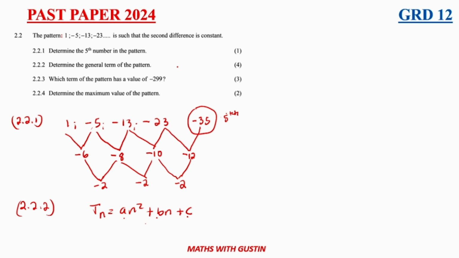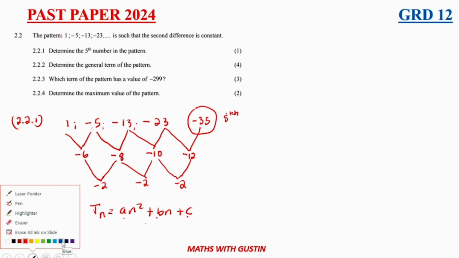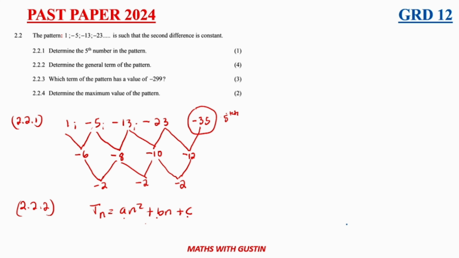I'm going to need a different color here. This is how I normally do it with my learners. Let me change the color so that you guys can see. We need to know that the second difference is equal to 2a.